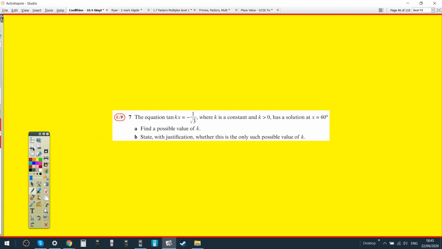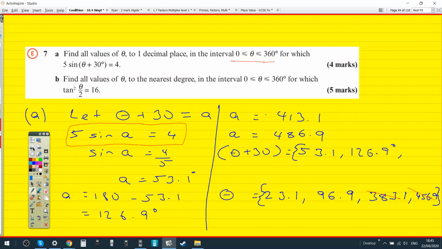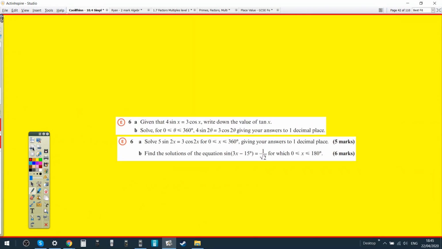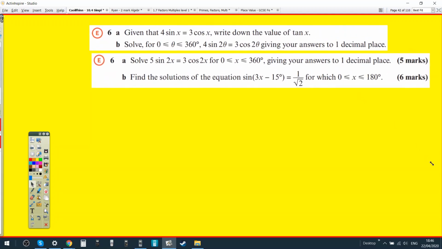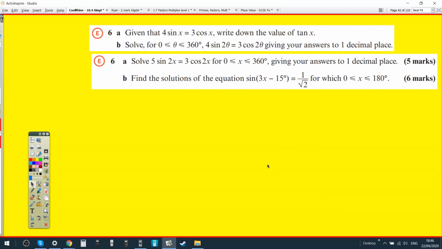Well, maybe not. I'm seeing a lack of the sine one. All right, this is what they've got. Okay, let's go with 4 sine x, 3 cos x. I'm going with the bottom one. 6a.